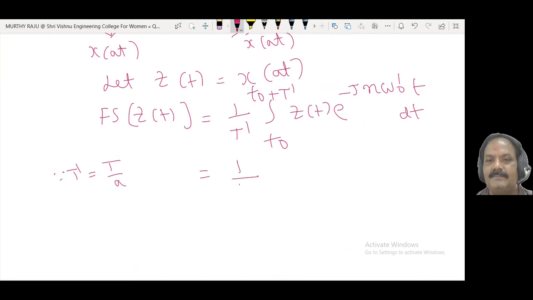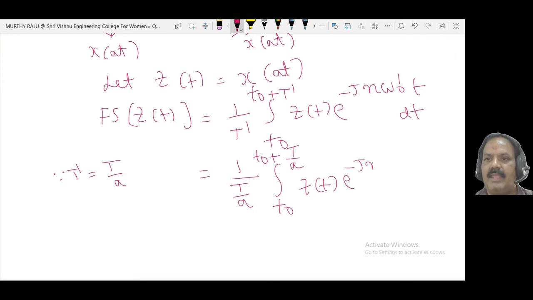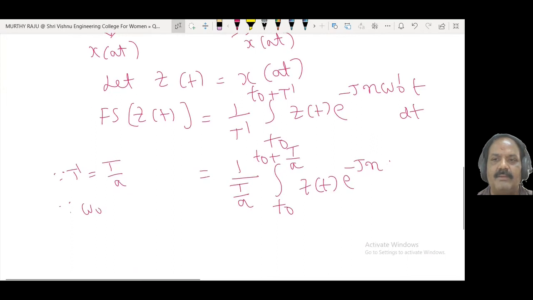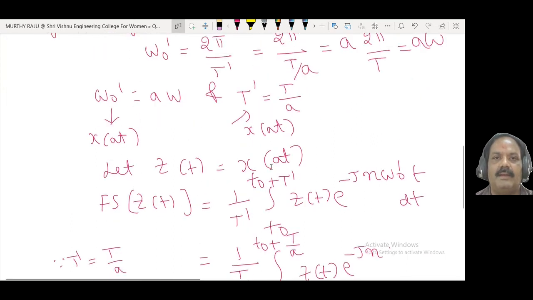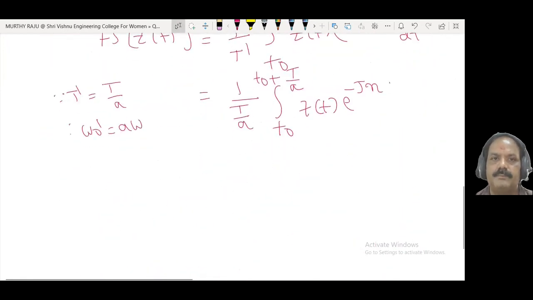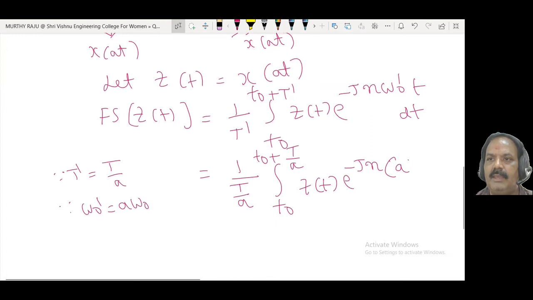So this is 1 by T by a, integral from t naught to t naught plus T by a of z of t e power minus j n omega naught dash t dt. The value of omega naught dash is a omega naught.